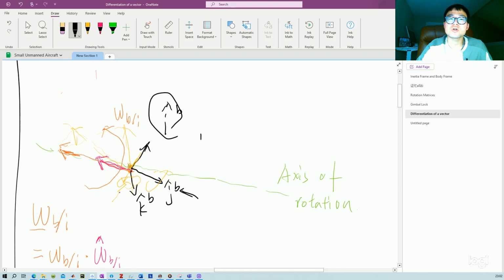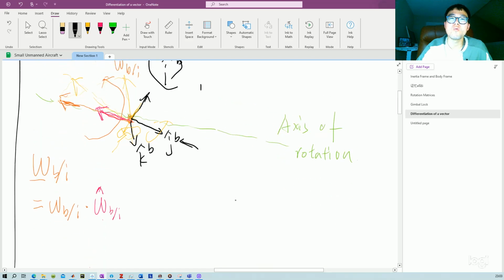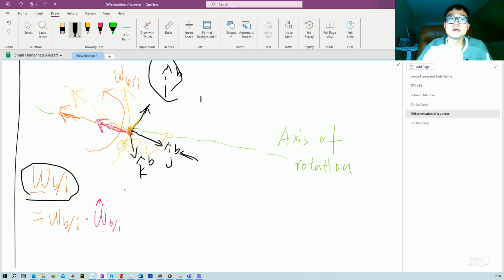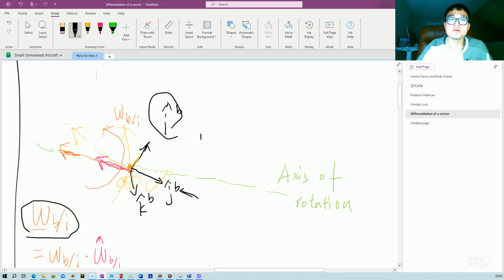This is essentially a frame that is rotating against an axis of rotation, where the rotating vector omega B with respect to I, we express as a normal vector here.